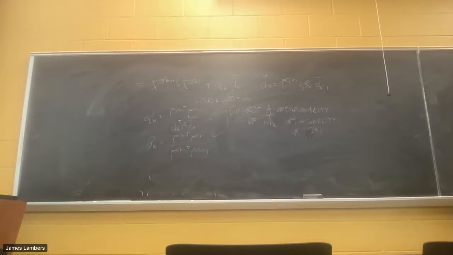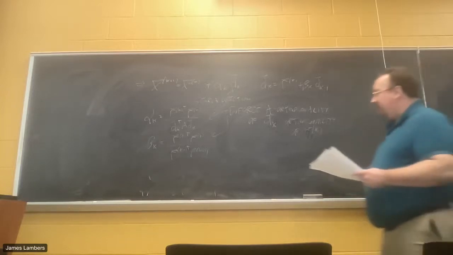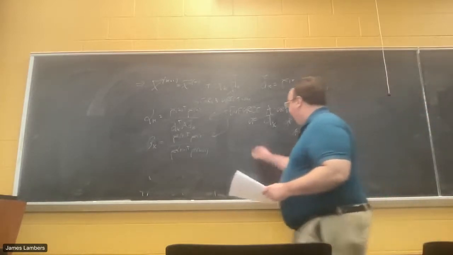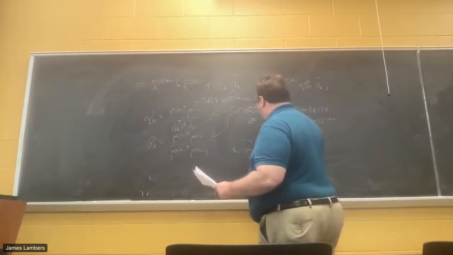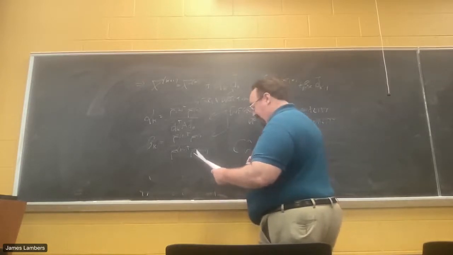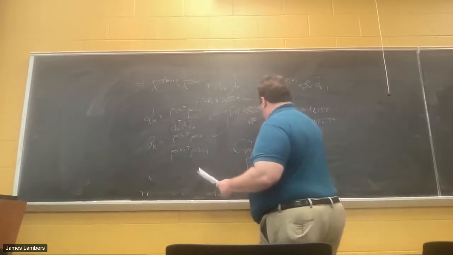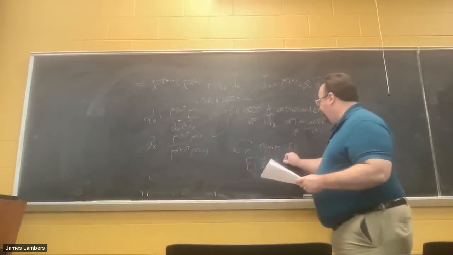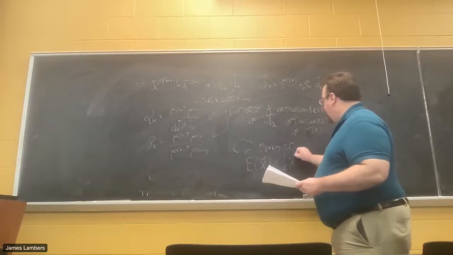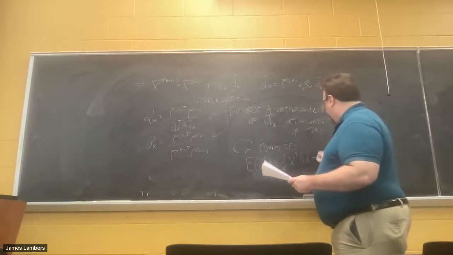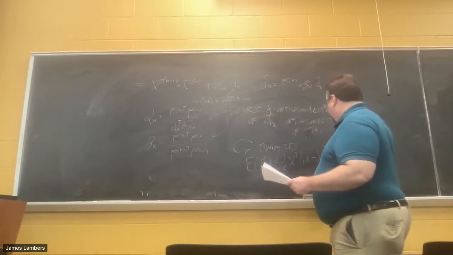All right, but a key property of conjugate gradient as a whole is that conjugate gradient is designed to minimize this function, E of x equals 1/2 x transpose A x minus x transpose b.